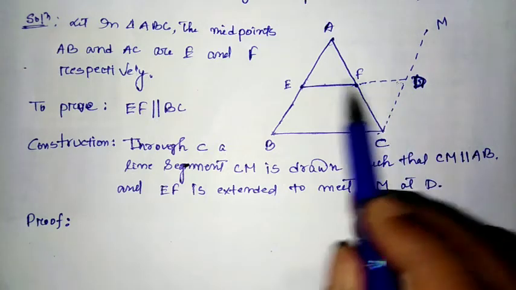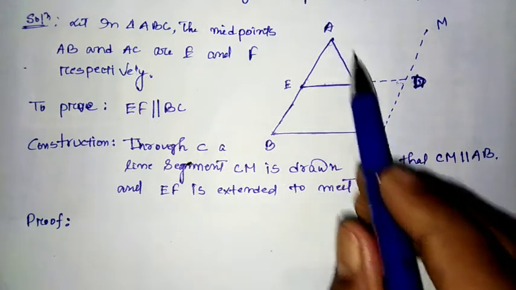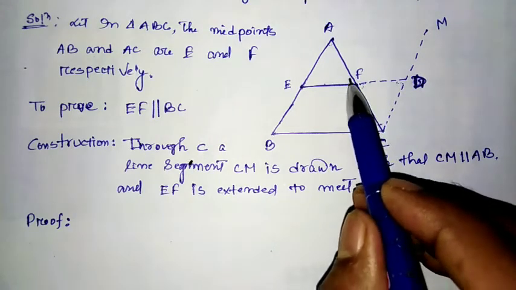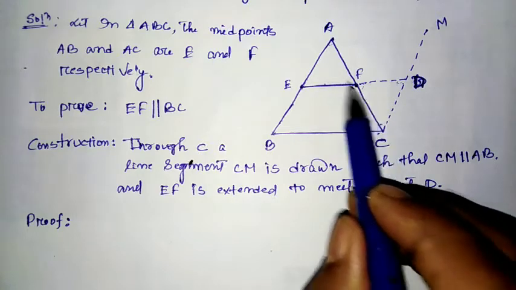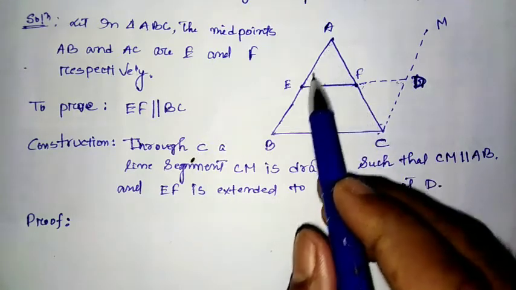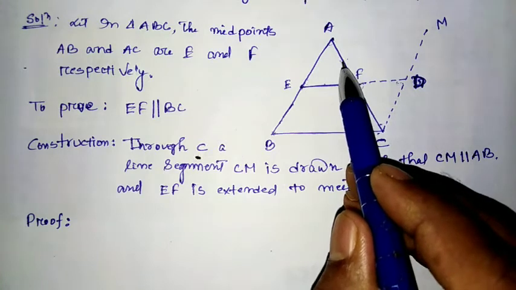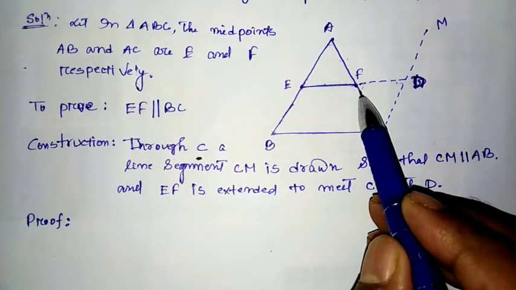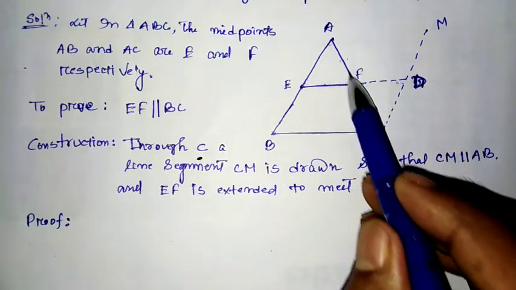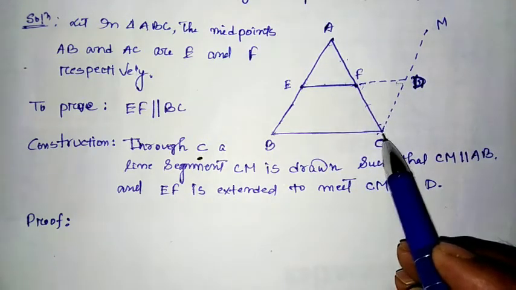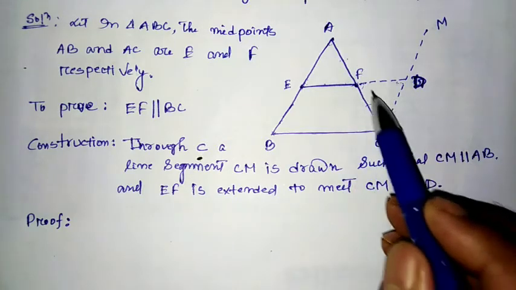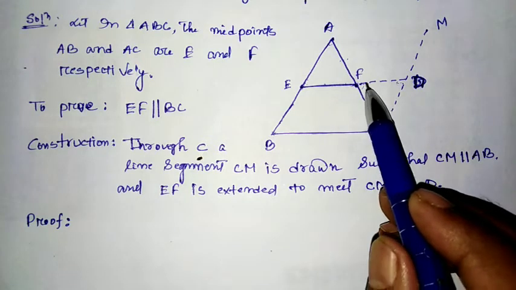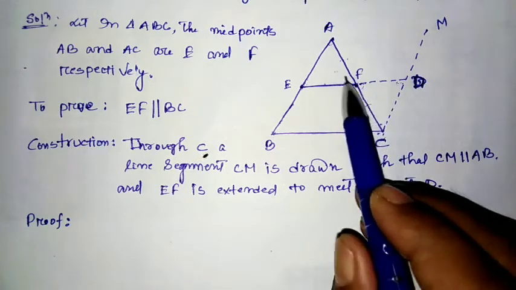These two angles are equal, and these two angles are equal, vertically opposite angles, no? In triangle AEF, this side AF, and in triangle CDF, this side CF, AF and FC are equal. Why? Because F is the midpoint. Whenever there is a midpoint, the two parts become equal. So first of all we will show these two triangles congruent.